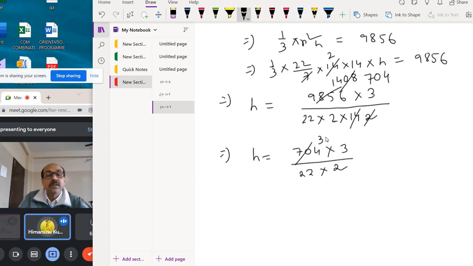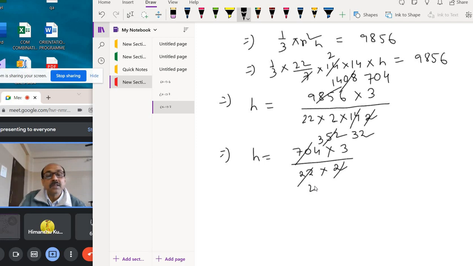352 by 2. Okay. Then 11 3s are 33, it will go by 11. 3 11s are 33, 2 11s are 22. So 11 2s are 22.